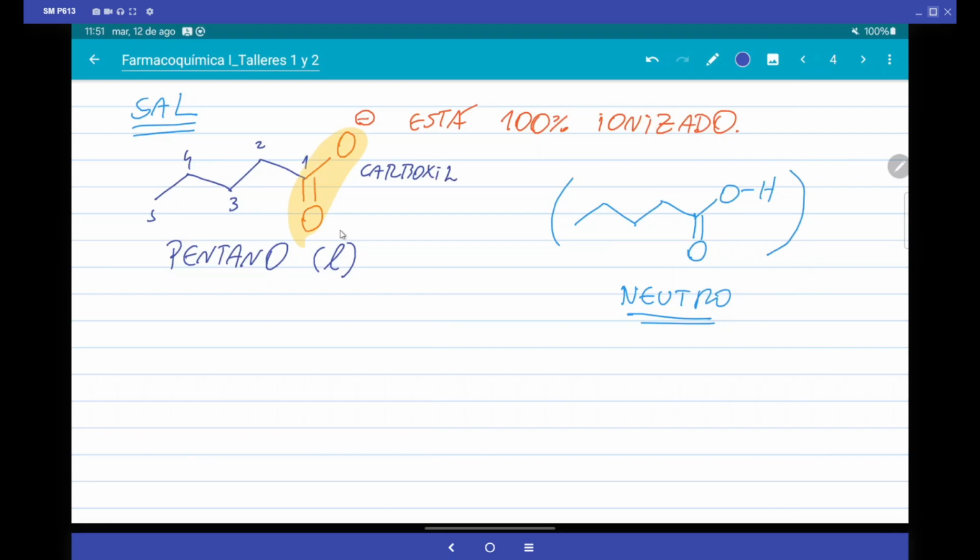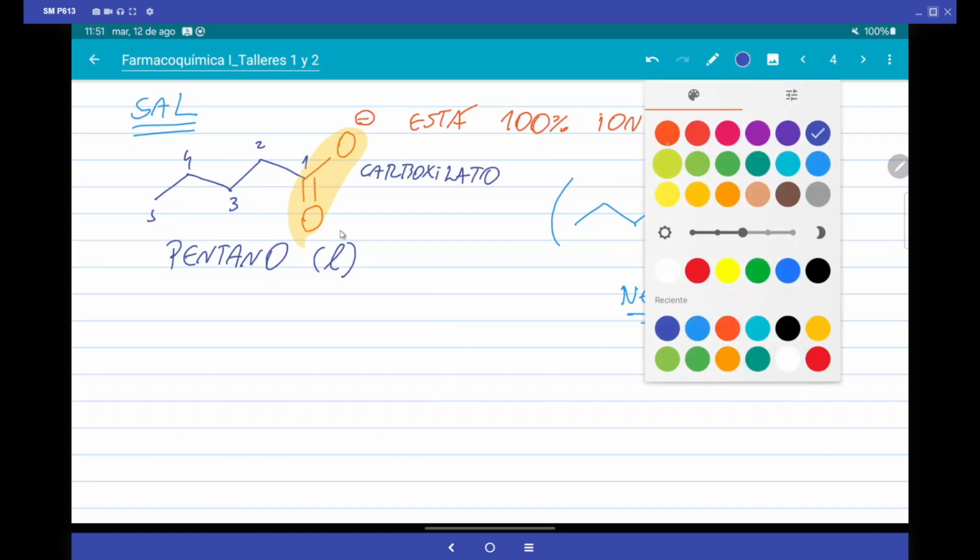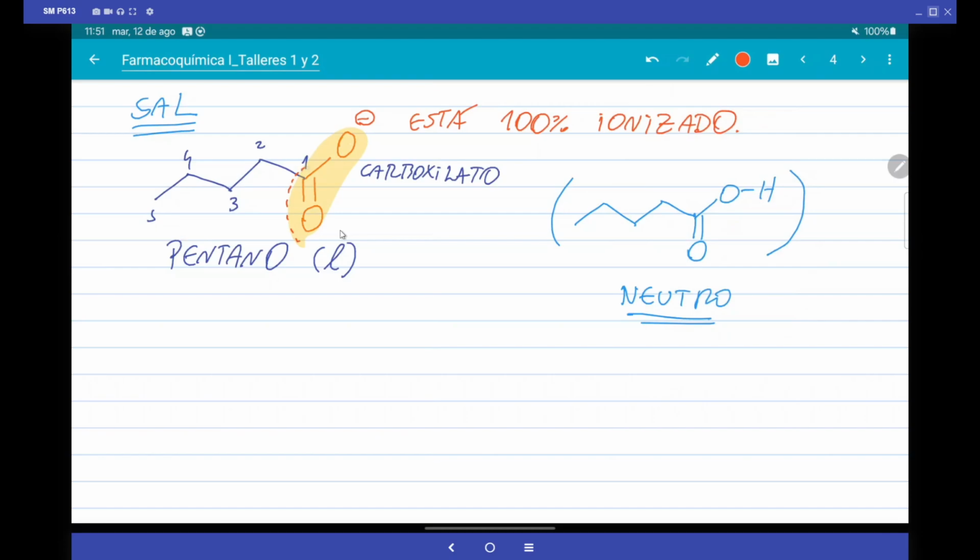Whenever we see this group with double link, that single group by itself is part of the functional group, but by itself we are going to call the carbonyl group. I am trying to remind you of things that you saw at some point in organic chemistry, and that now we need, because we are always going to be talking in technical terms, with technical names of each functional group.